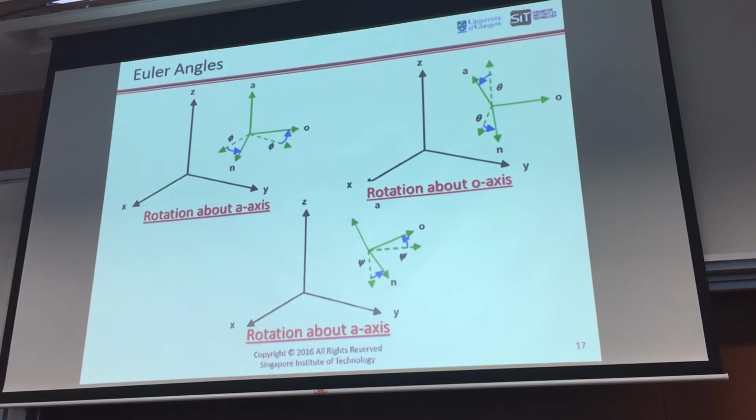Okay, the next thing is Euler angles. Now, Euler angles, they will do a rotation about your A-axis first, then your O-axis, and then your A-axis again.